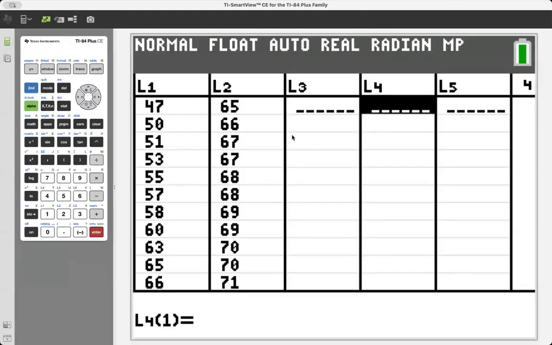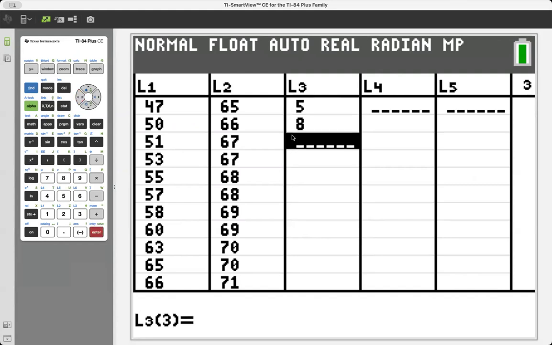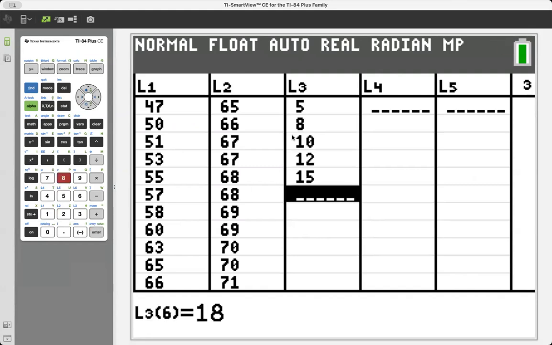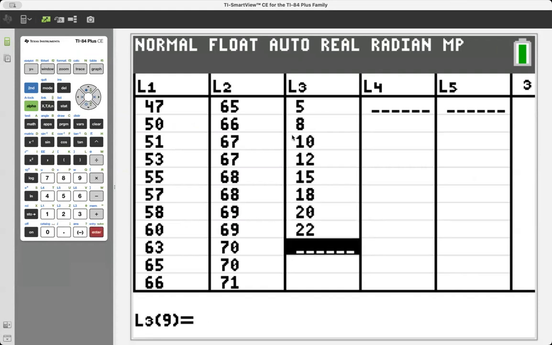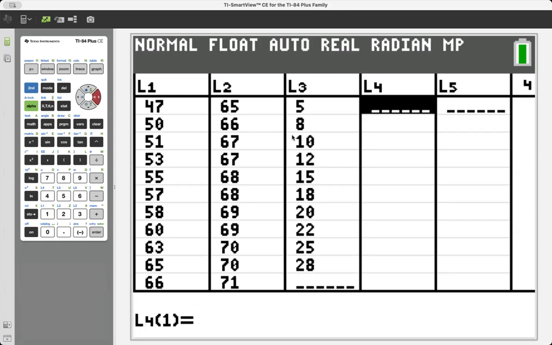Okay, so let's put in hours of physical therapy in here, L3. So I have 5, 8, 10, 12, 15, 18, 20, 22, 25, 28. And let's put in gait speed into L4.